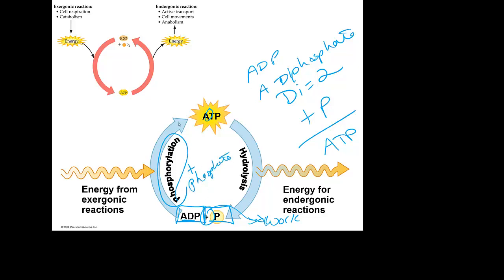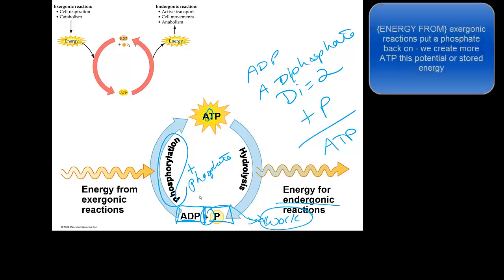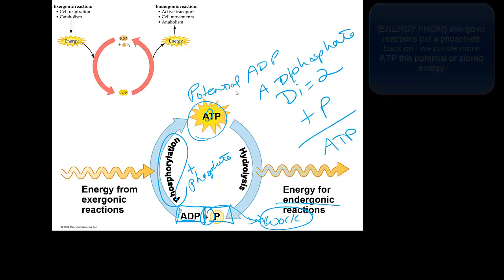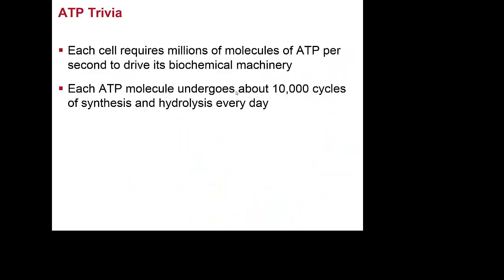When we add it, we go back to ATP, and we start all over again. Endergonic reactions put energy out, we do work. Exergonic reactions put a phosphate back on, we create more ATP, this potential or stored energy to be used later. And we keep going and going and going all day long.